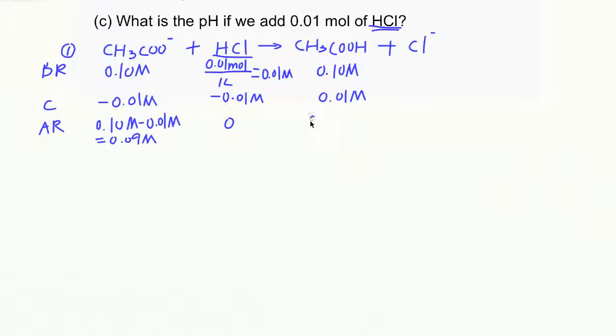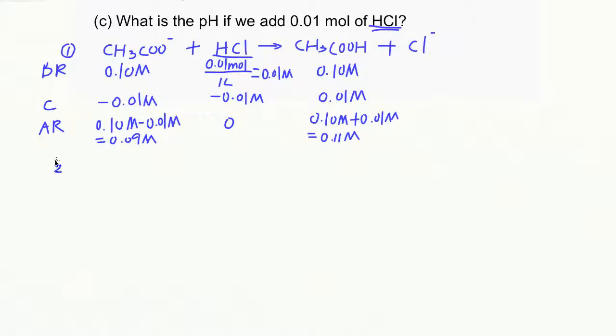And for the acid, 0.10 mole per liter plus 0.01 mole per liter, and that is 0.11 mole per liter. Okay, so this is the stoichiometry calculation to find out the new concentrations of the conjugate acid and the conjugate base. Now what's next?